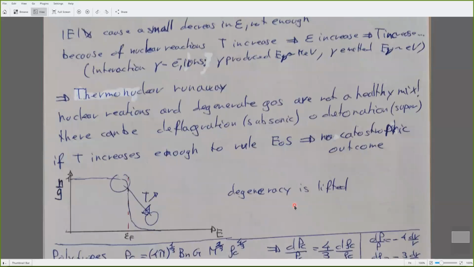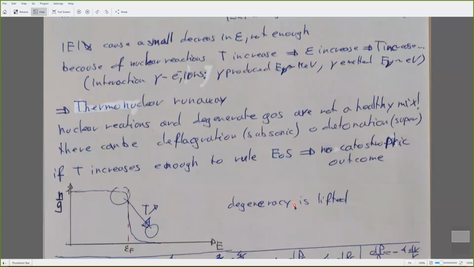Just to remember, perfect degeneracy exists only at absolute zero. Otherwise, we can have 90% degeneracy, really high, but it is not perfect. As I showed you, in partial degeneracy the actual equation of state is not perfectly independent of the temperature.